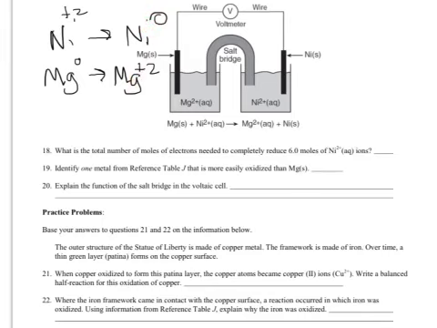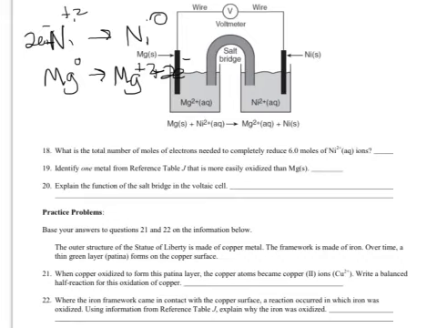So to balance these reactions, we're going to have to place in the electrons. To do that, we add the electrons to the more positive side. So 2 electrons will be gained by the nickel ion, and 2 electrons need to be lost by the magnesium atom. So each nickel is going to have to gain 2 electrons.